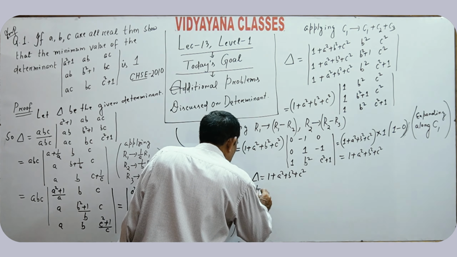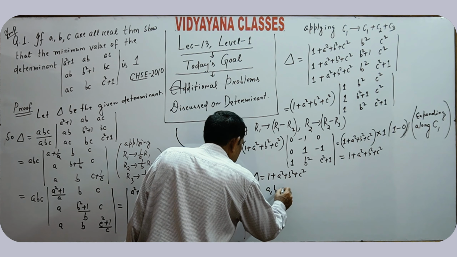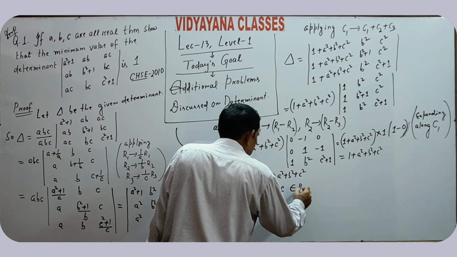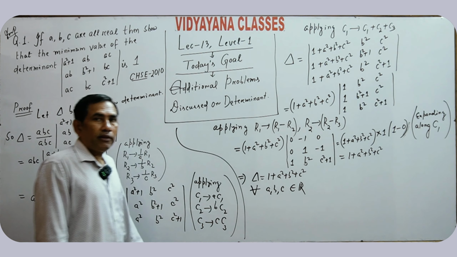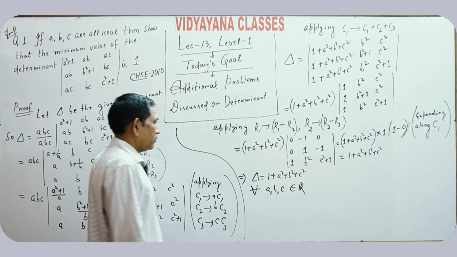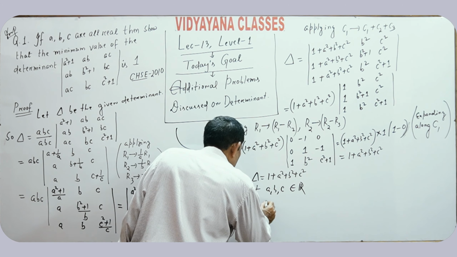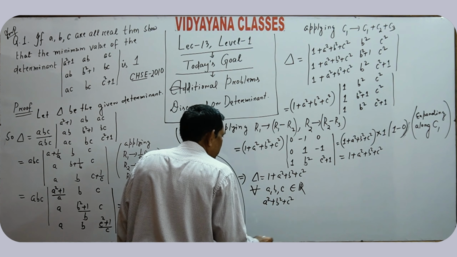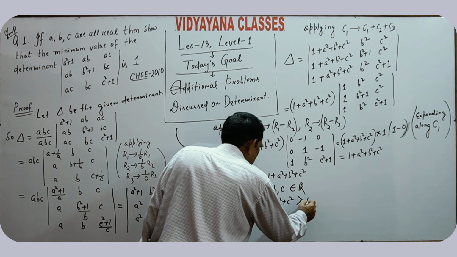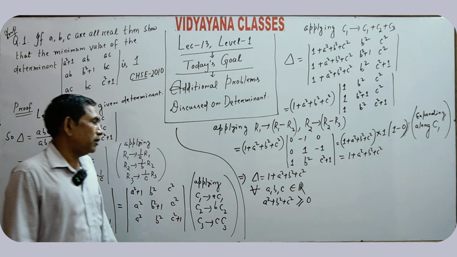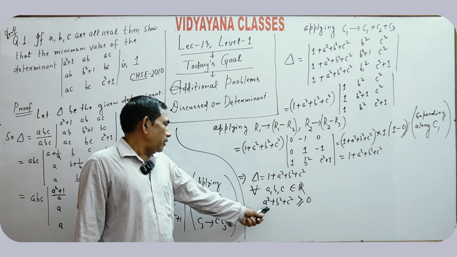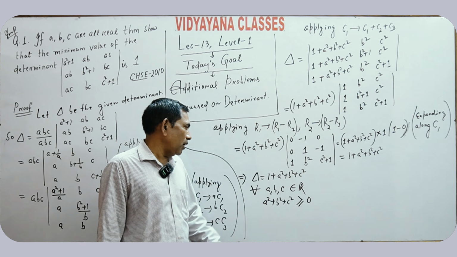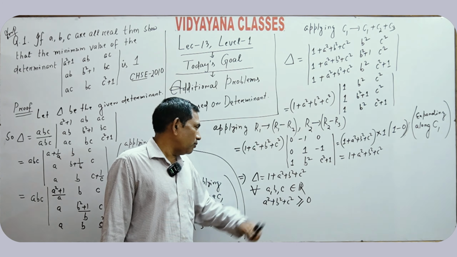For all a, b, c belonging to R, where R means the set of real numbers, a square plus b square plus c square is greater than or equal to 0.